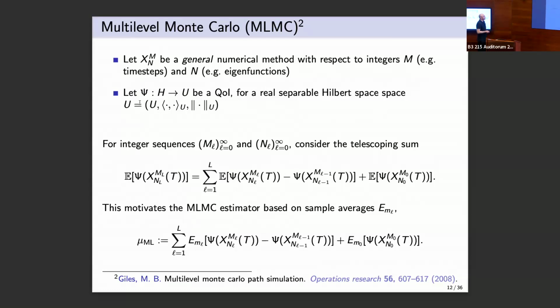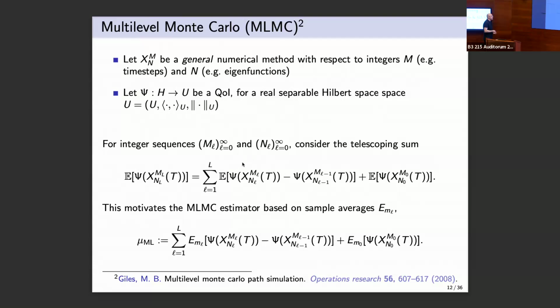And then I'm going to have this notation for my quantity of interest. So it maps from the Hilbert space H into another separable Hilbert space U with this notation. Suppose now that I have some integer sequences of time resolution and space resolution in my numerical approximations, and they are both increasing.